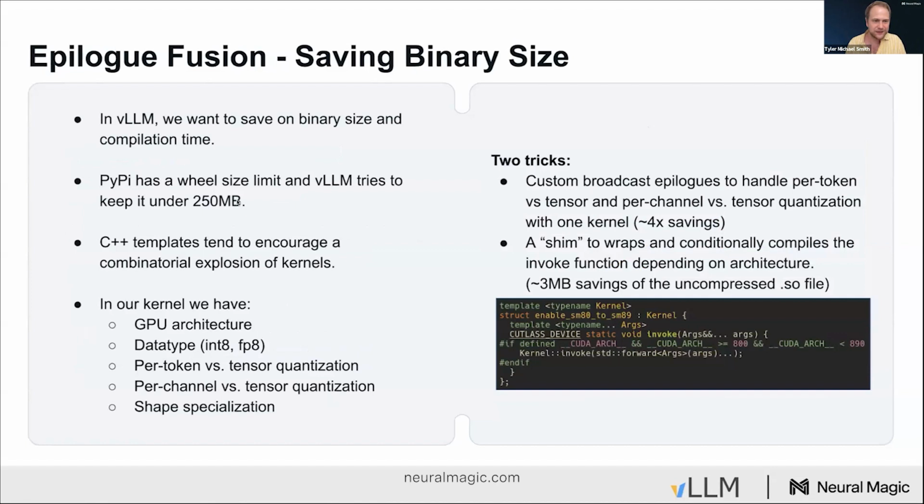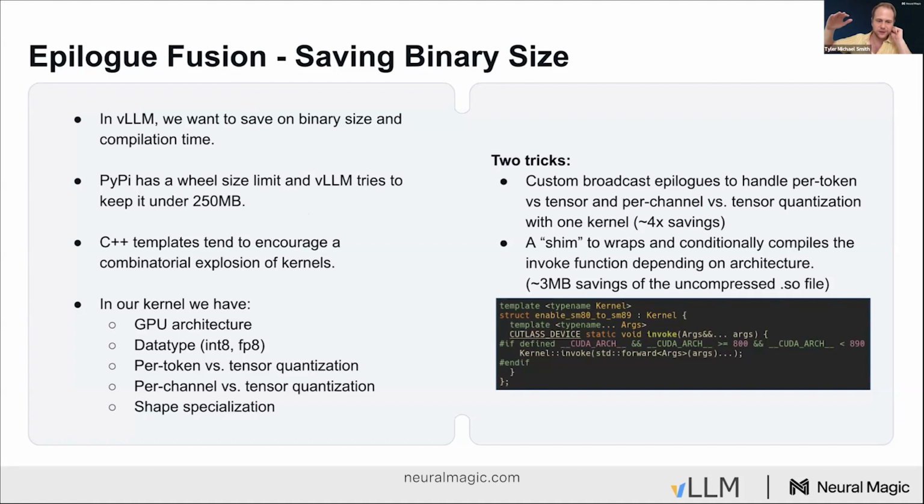One last thing we did in vLLM was we saved on binary size and compilation time by keeping the kernel small. vLLM just tries to keep the size under 250 megabytes. The thing about Cutlass is since it's C++ templates, you tend to get a combinatorial explosion of kernels generated.